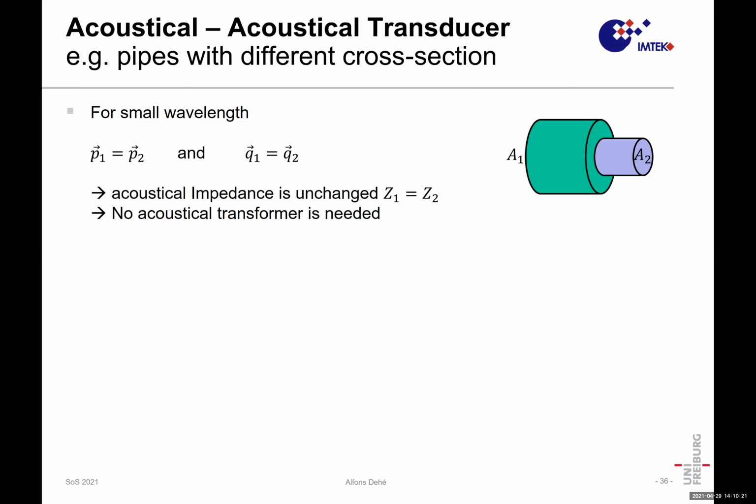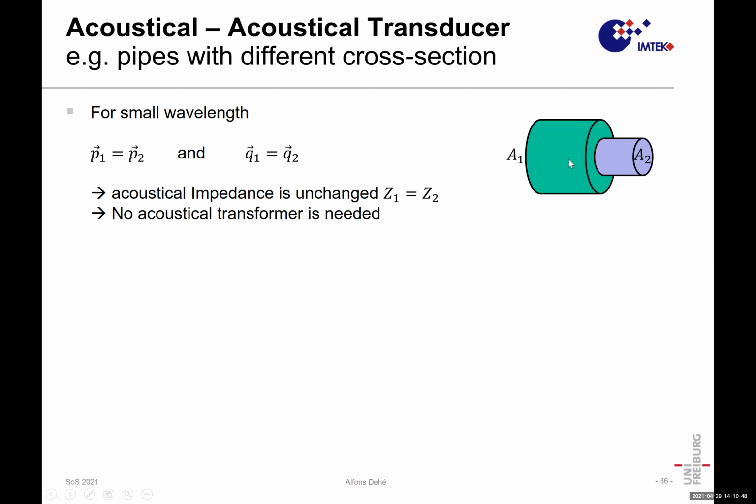Now, since we are in acoustics, we know that in both of the tubes we have the same pressure. And we know also that the flux is the same. So the flux is velocity times area, and this will be constant. Where it's a smaller area, I have a higher velocity, and where the area is large, the velocity is smaller.